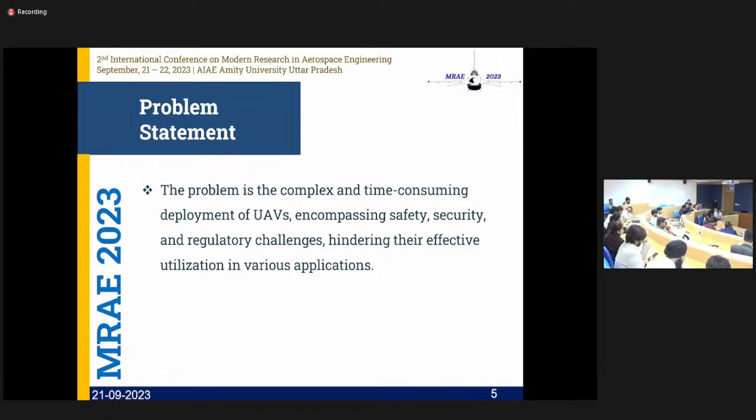And there are many times when humans cannot access disaster-prone regions like floods or wildfires. In those regions, drones can be employed to help in detection as well as search and rescue missions.